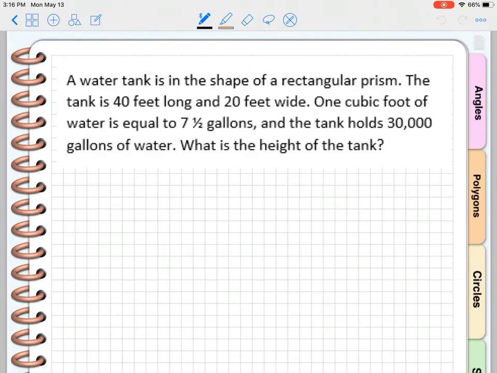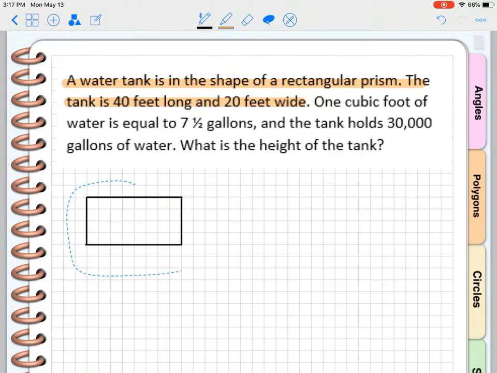So if I take the first two sentences, I didn't mean to mark them out, I meant to highlight them. This will help me draw a picture of the tank. So it's in the shape of a rectangular prism. That is a box. So I'm going to go ahead and sketch a rectangular prism.